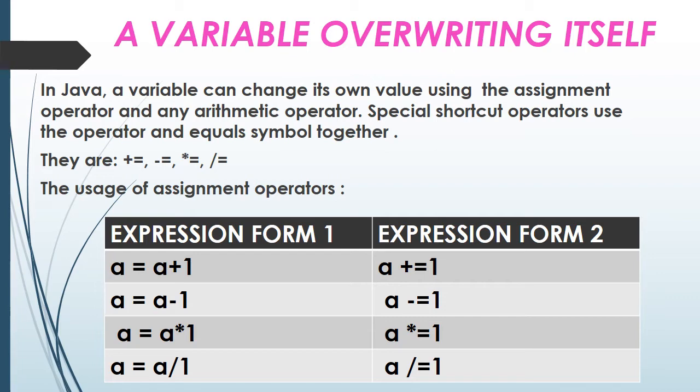In the same way we can perform subtraction also. If you want to decrease 1 from the previous value of a, then what will I do? Simple, I will write a is equals to a minus 1. But using the shortcut operator, how will we write? a minus equal to 1.